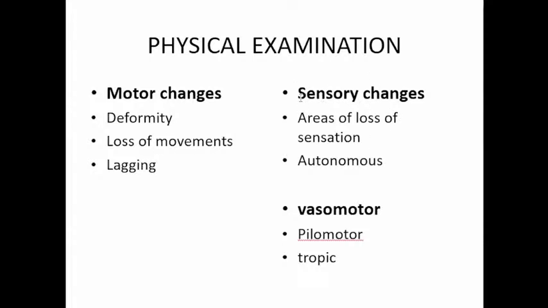The sensory changes, we say you use the cotton wool, use the pointed tip to check for fine touch and pain sensation. And then next you move to vasomotor changes, looking for the hair growth and how the skin looks like. Is it dry?